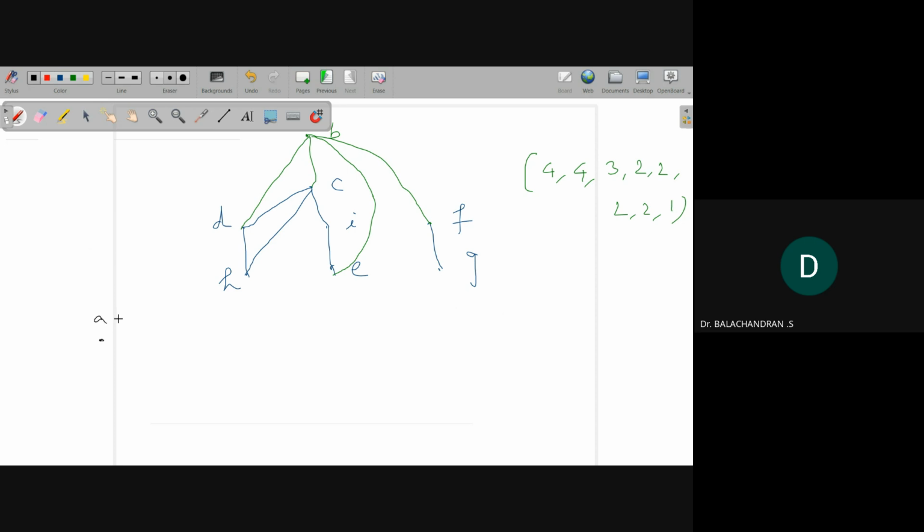Here A, here the remaining: B, C, D, E, H, and then I, E, F, G.